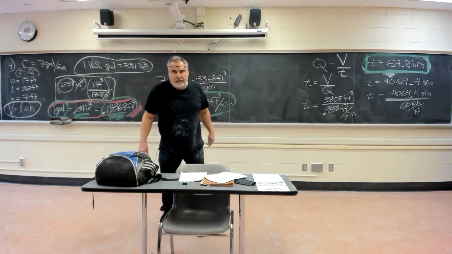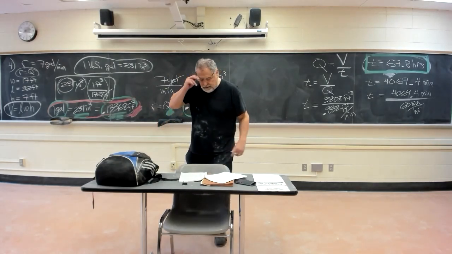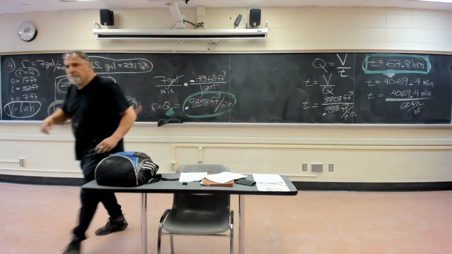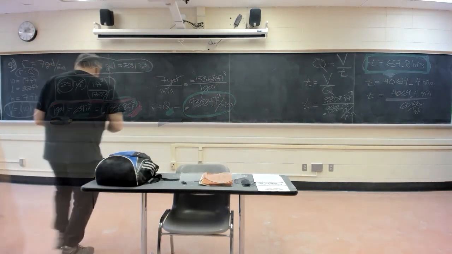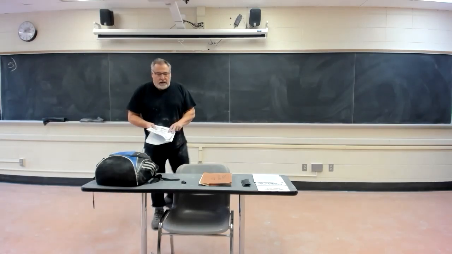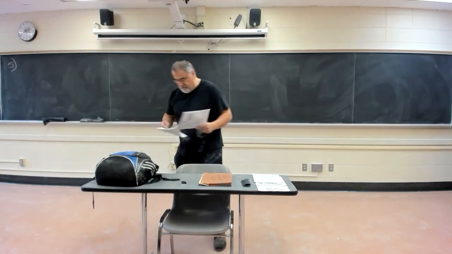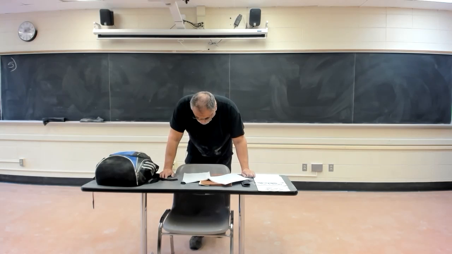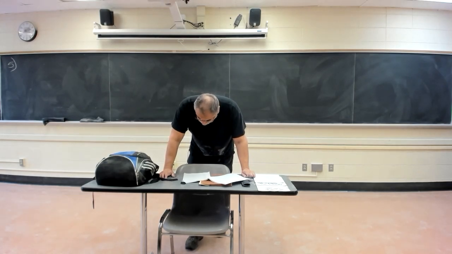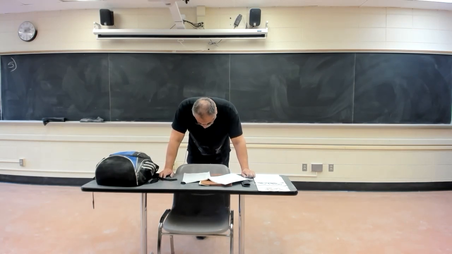Let's move on a bit. Okay, guys, let's continue. Let's go to number 5. Same Physics 120 Fall 2019 exam number 1. Same old exam number 1 we're doing here.